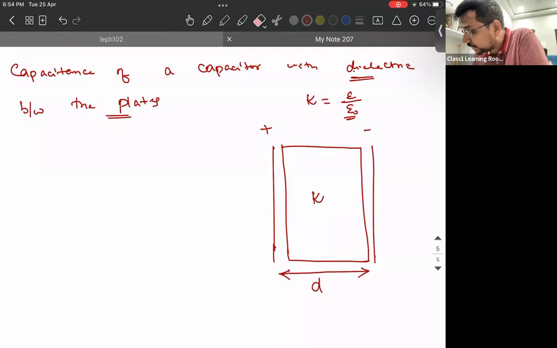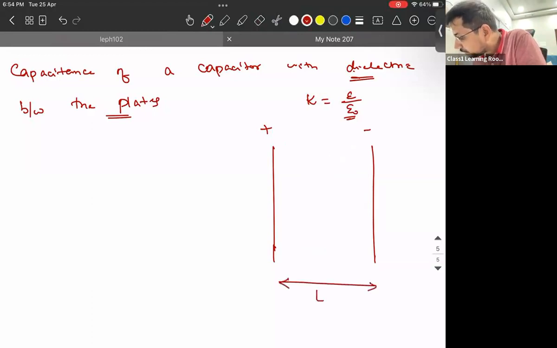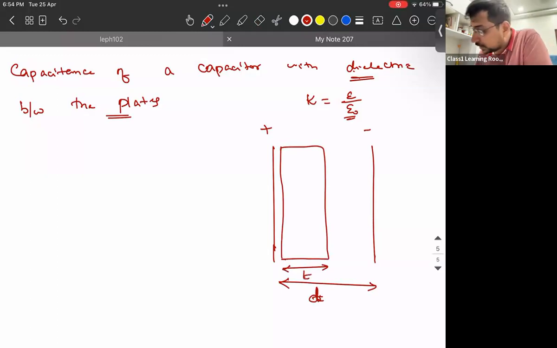Okay, I'll take another scenario. Let's say the distance between the plates of the capacitor is D, and the thickness of the dielectric slab is T. Then how much will the remaining distance be?